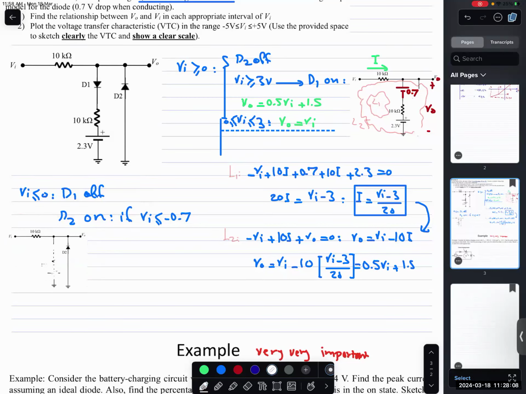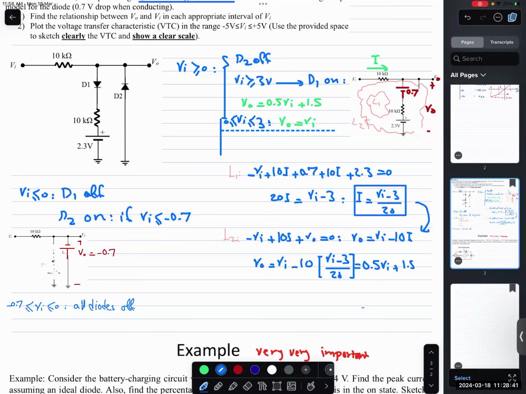I don't care about this part. So Vo becomes minus 0.7. And if Vi is greater than minus 0.7, then all diodes are off.